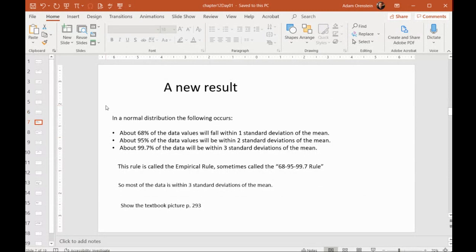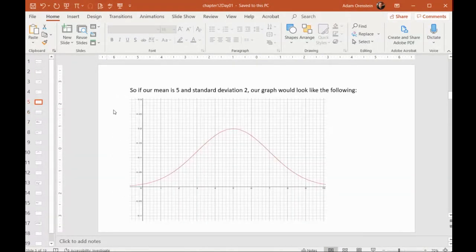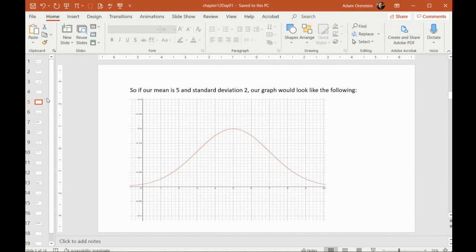All right, I hope I'm not going too fast with this. I don't think I am. Let me show this though. Again, this is the graph that you would get if the mean is 5 and the standard deviation were 2. Okay, so I guess might as well keep going then.